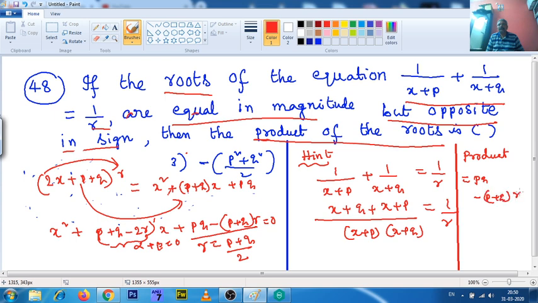Substituting the r value, r is (p plus q) by 2, you get pq minus (p plus q) whole square by 2, because (p plus q) into (p plus q) by 2. This will be (2pq minus (p plus q) whole square) by 2. So that means you get this option only. Third option is the right option.